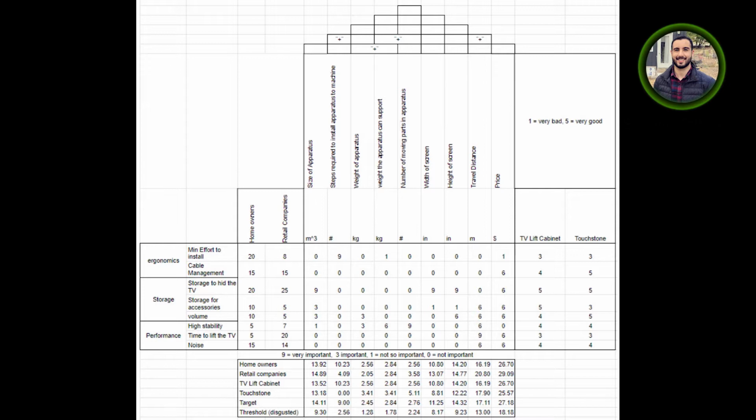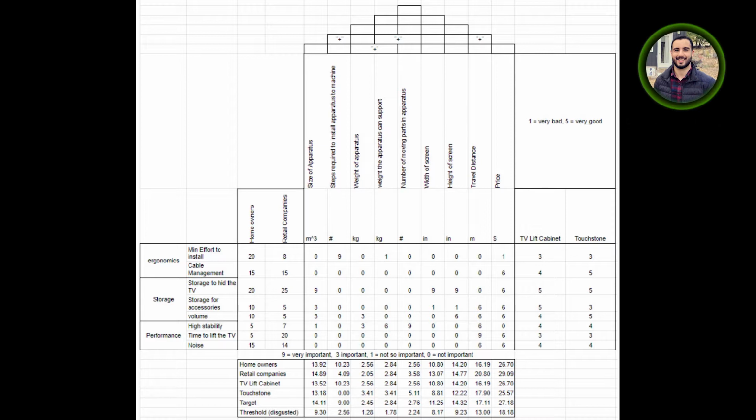The next step is to identify how we're going to meet the requirements. We use the quality function deployment method to analyze our project. So we established the following house of quality. We studied our customer, we analyzed our customer requirements, and we derived the importance by comparing the two.